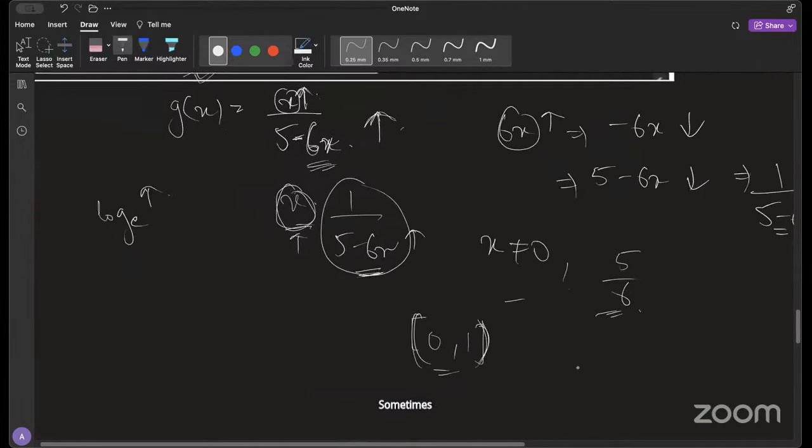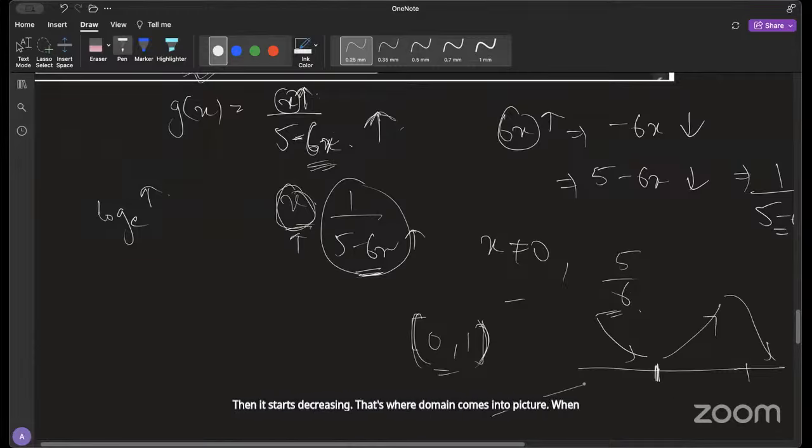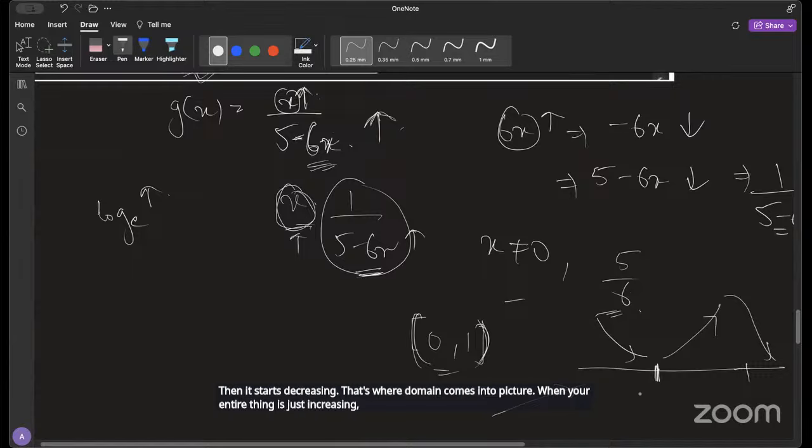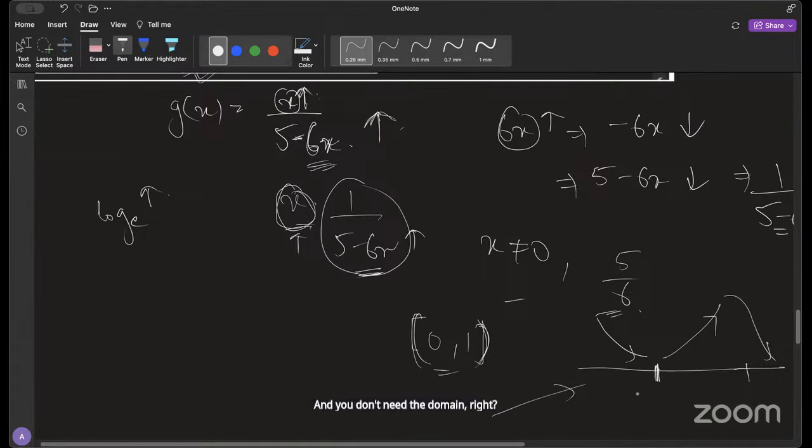Sometimes the reason we use the domain in quadratic functions is that it's decreasing here, then it starts increasing, then it starts decreasing. That's where domain comes into the picture. When your entire thing is just increasing, then you don't need the domain, right? Also, ma'am, this is linear, so it will never take a turn.